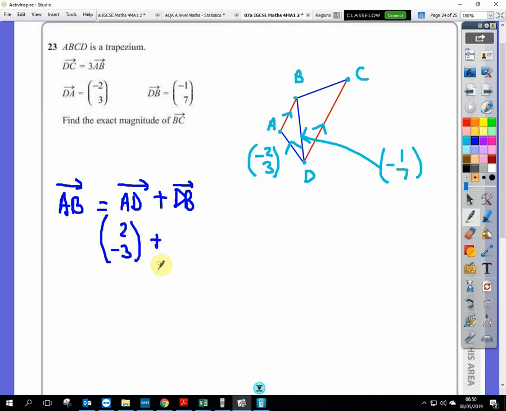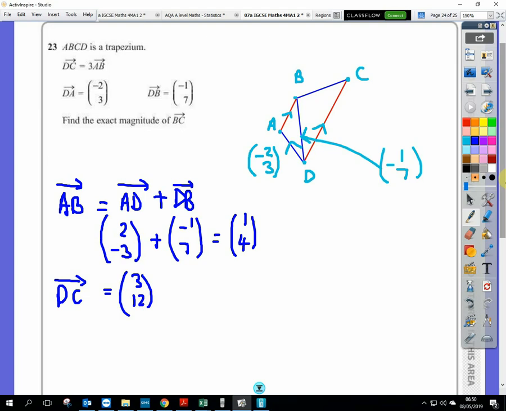And D to B is minus 1, 7. When you add column vectors, you just add along the top and add along the bottom. So now I know that vector AB is 1, 4, which means vector DC must be 3 of those, which is 3, 12. This will be quite useful.